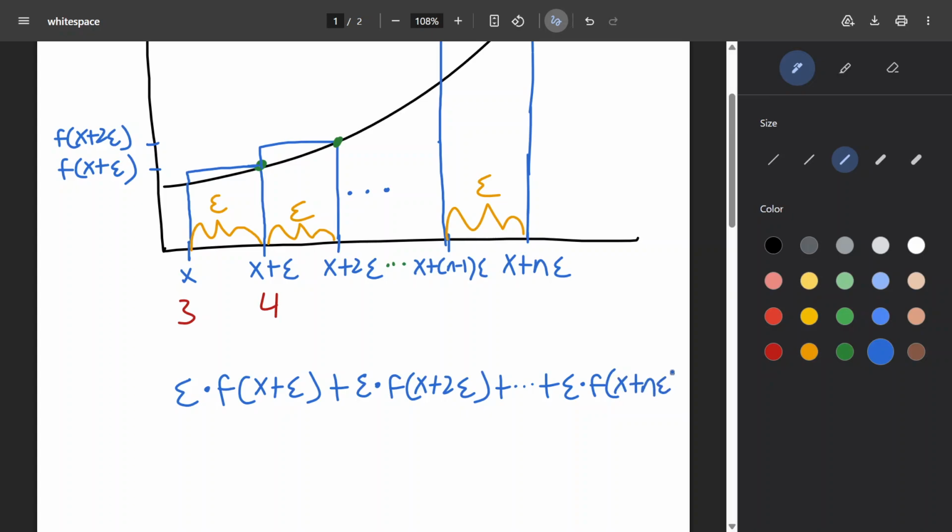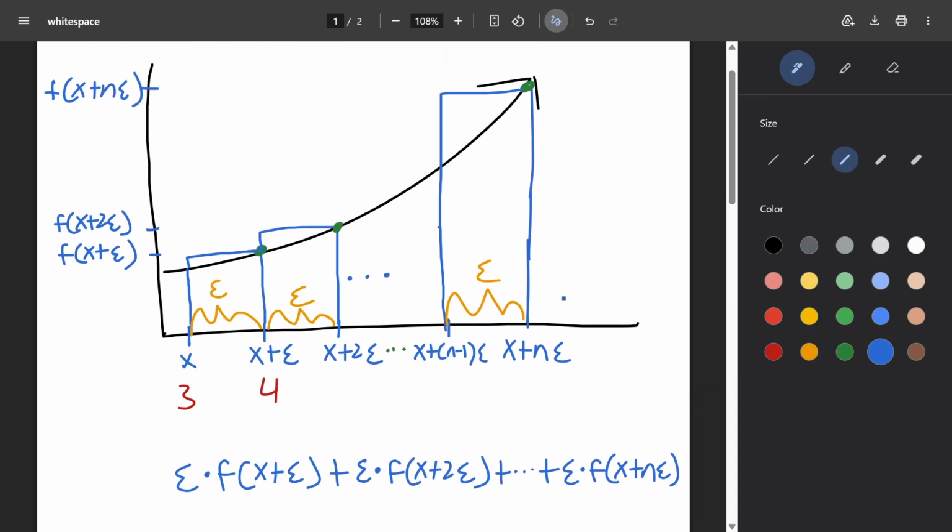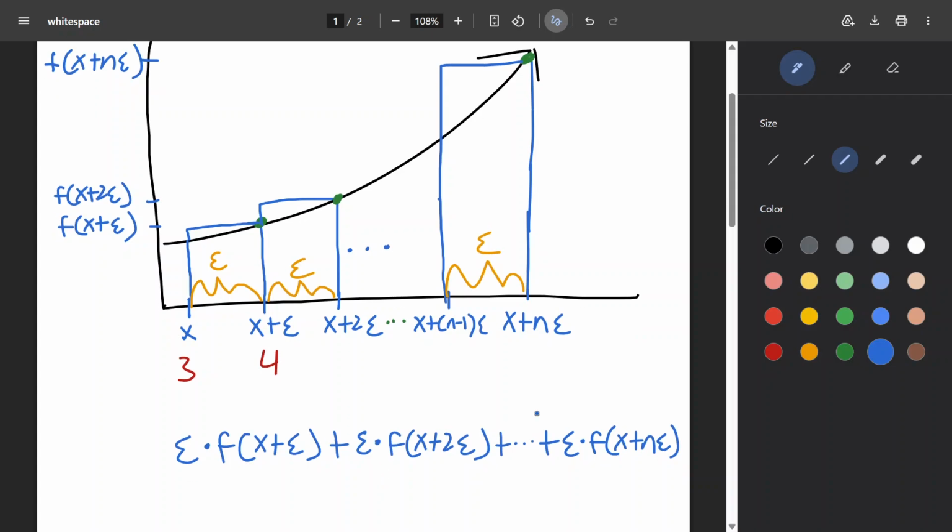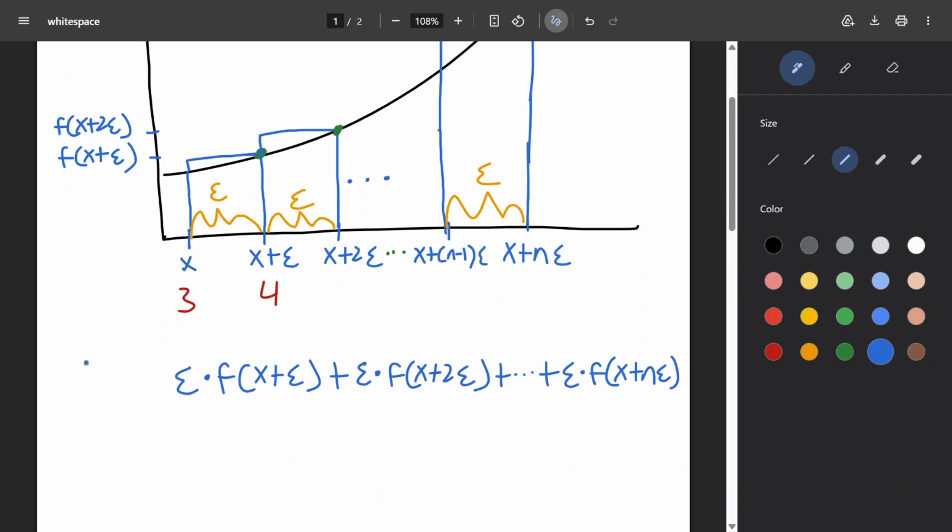Remember how we said that as epsilon grows smaller and smaller, the area will become more accurate? Let's capture that idea here by saying the limit as epsilon approaches 0. So this is saying, hey, let epsilon continuously get closer to 0.